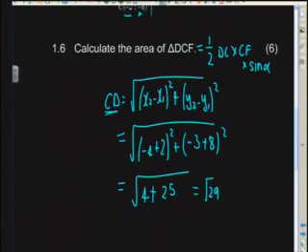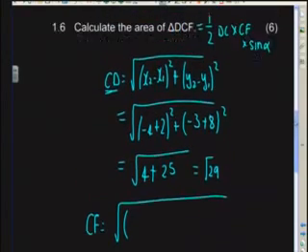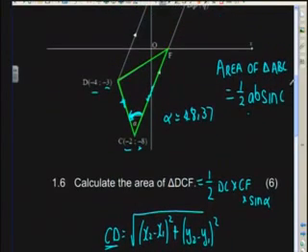Let's do the same thing for CF. All right, so CF, we're using the coordinates of F. Remember, we worked this out right in the beginning of the question. It was 2 and 0.